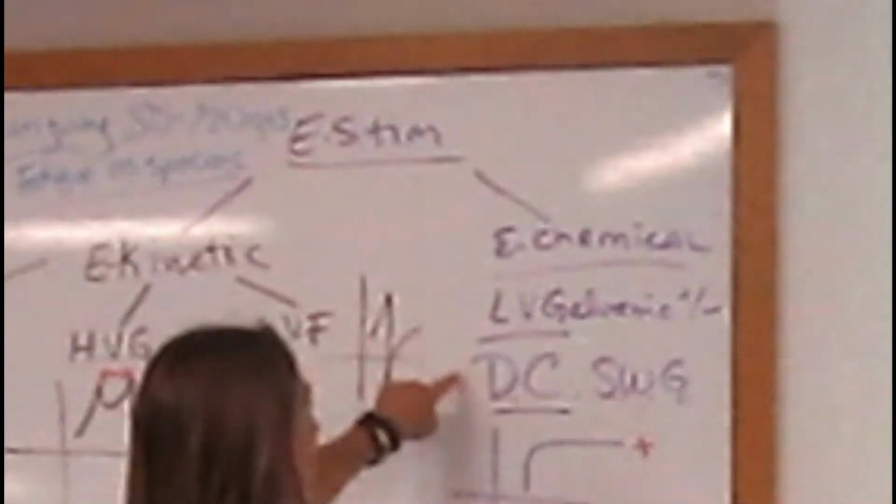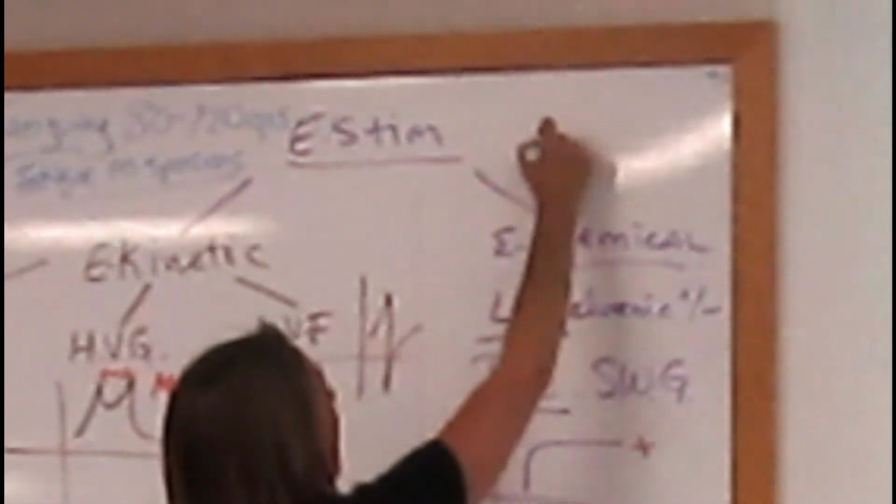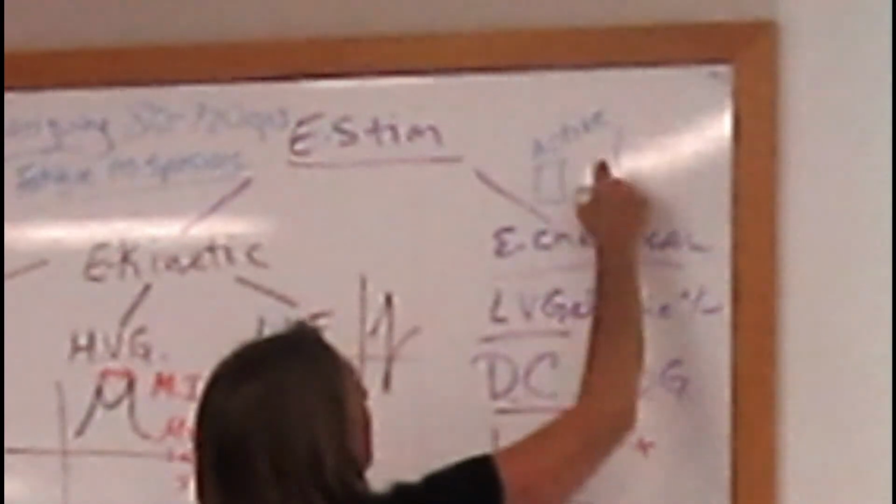When you're doing anything electrochemical, you need to have a small pad called active and a large pad that's 4 times the size at least, so it's greater than that, called dispersive.